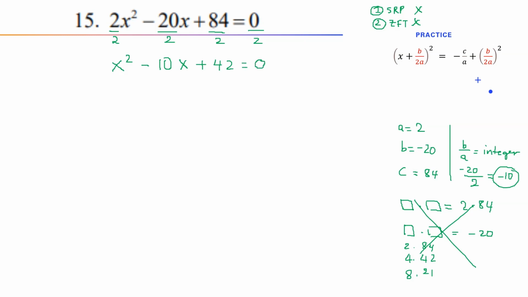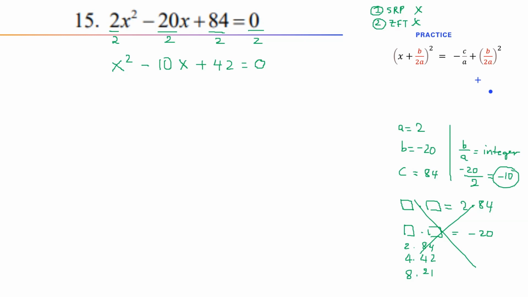So that's how we rewrite it, by reducing the equation by a factor of 2, or dividing the equation by 2. So we have x squared minus 10x plus 42 now, right?